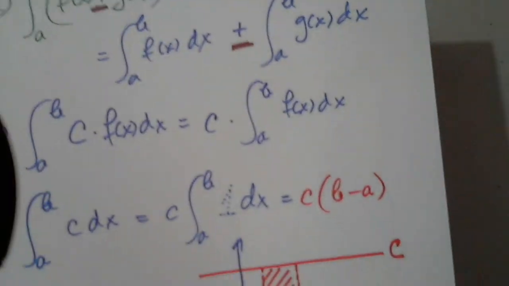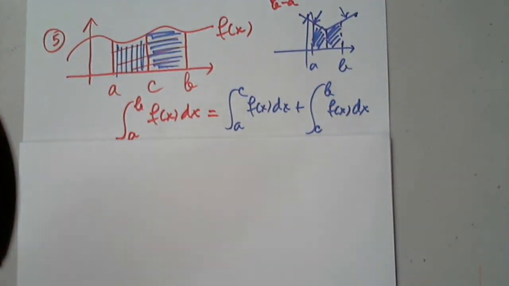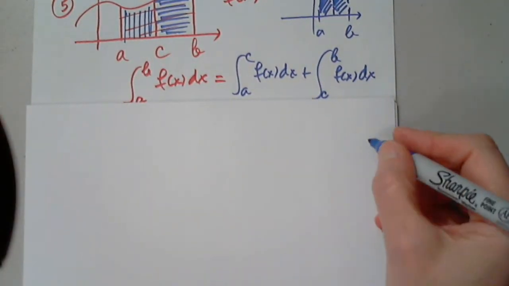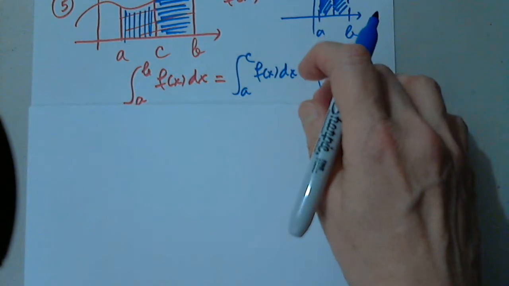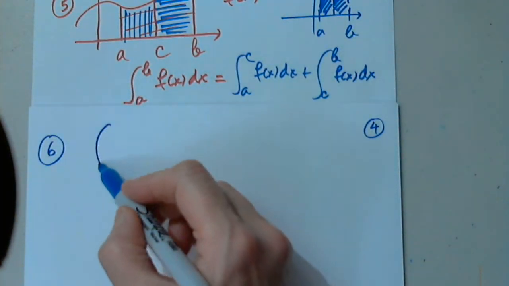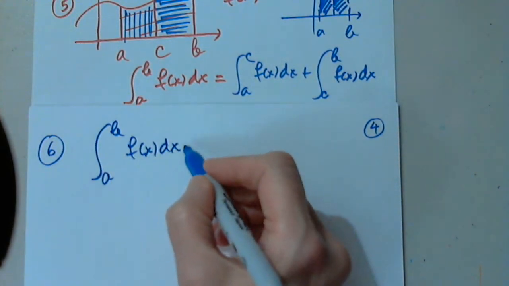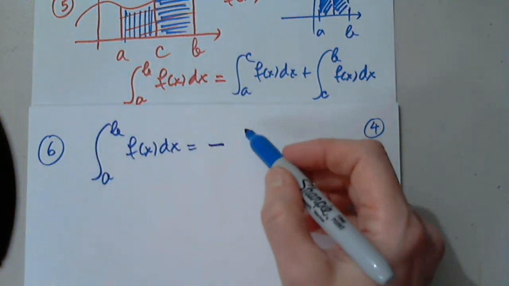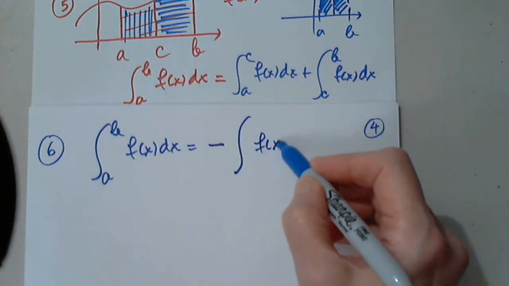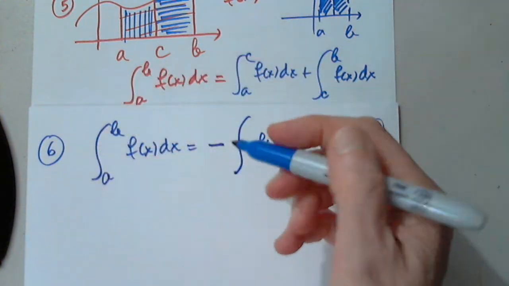Okay, one other property here. We're going to apply all these in a minute. We're going to choose problems. 6. The integral from a to b of f of x dx is the opposite of the integral from b to a of f of x dx, with the limits reversed.